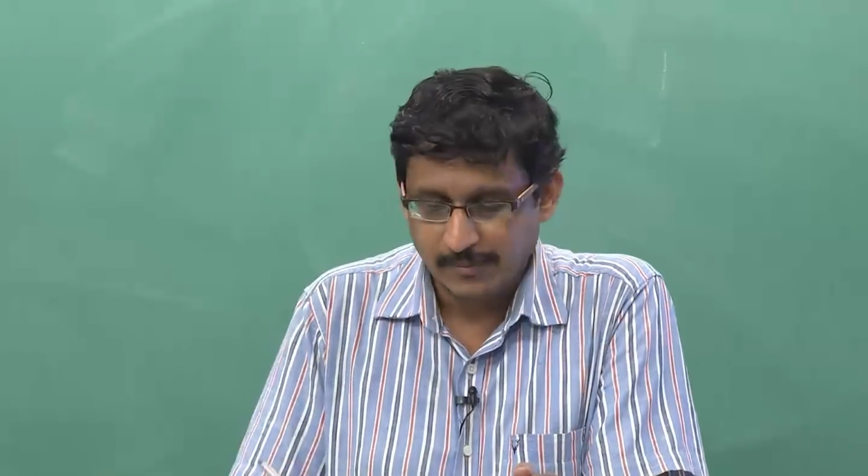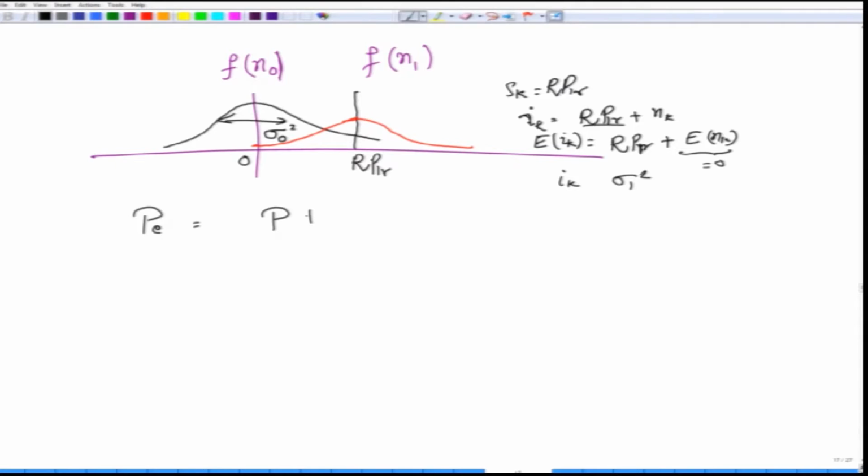So, this PE can be written as the probability that I am going to decide 1 when actually the bit 0 was transmitted, times the probability that 0 itself is transmitted, plus the probability that the receiver will decide the bit as 0, but when we have actually transmitted bit 1, times the probability that you have actually transmitted 1 itself. Okay. So, these are known as conditional error probabilities, and multiplying them by P of 0 and P of 1 removes this preconditioning.